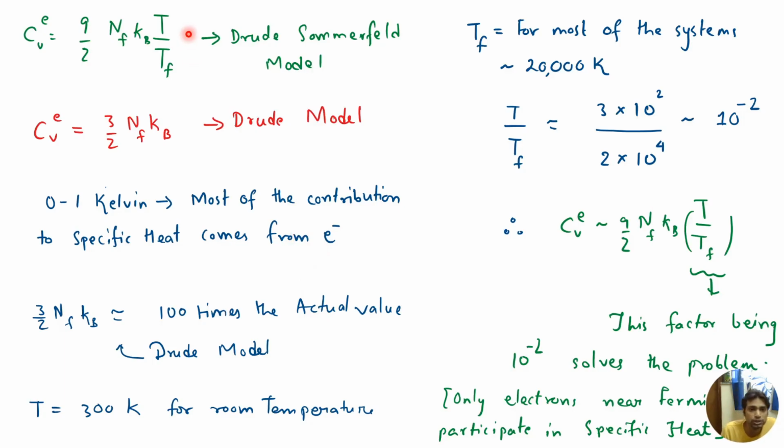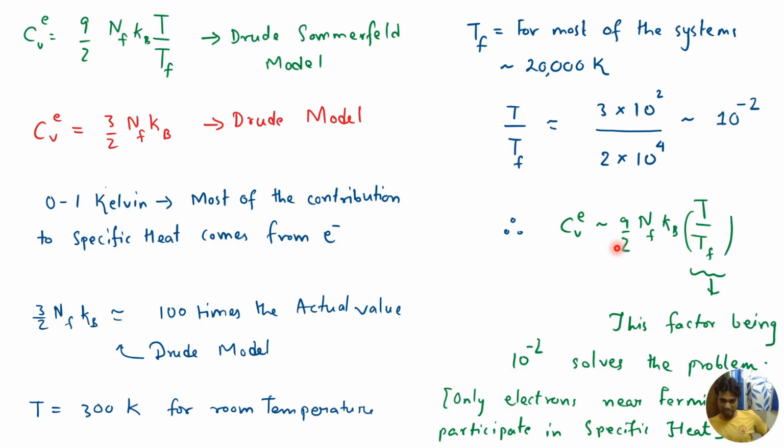So now here we have this T by TF factor extra, and if you remember that T is of the order of 300 Kelvin at room temperature, and TF for most of the systems comes out around 20,000 Kelvin, then T by TF is of the order of 10 to the power minus 2.